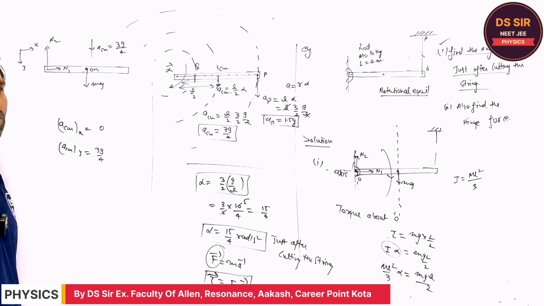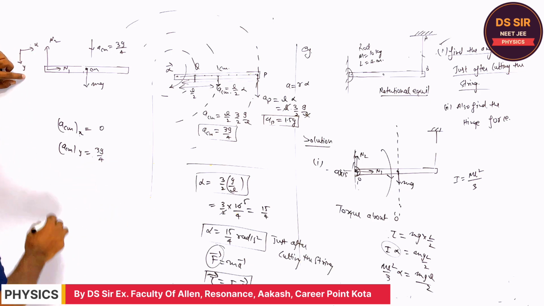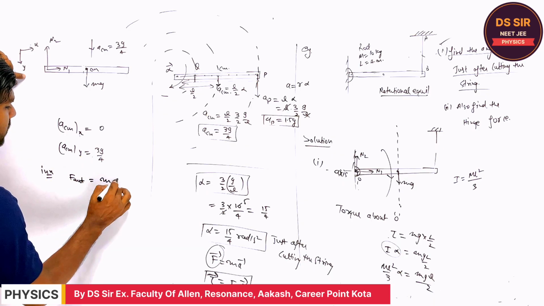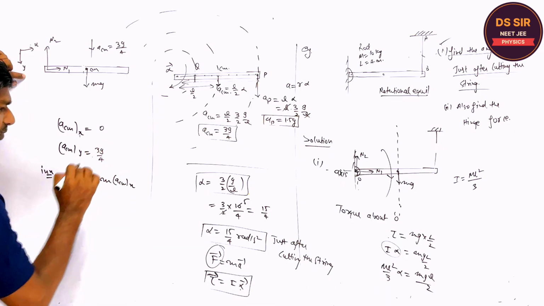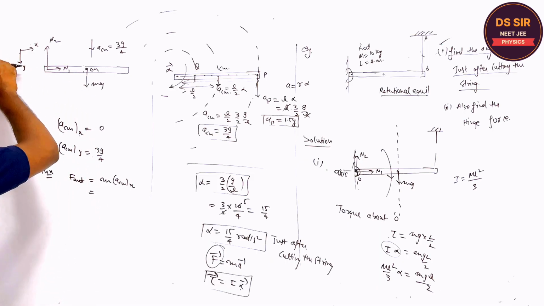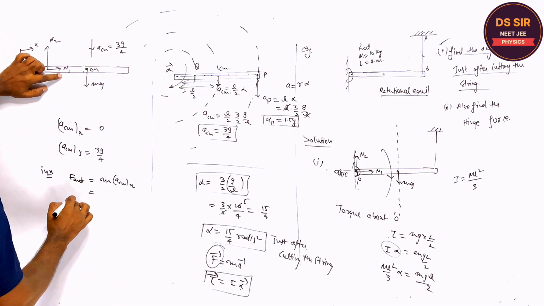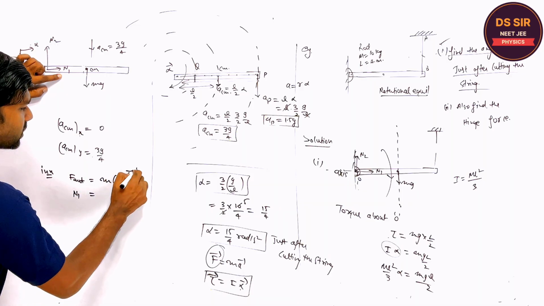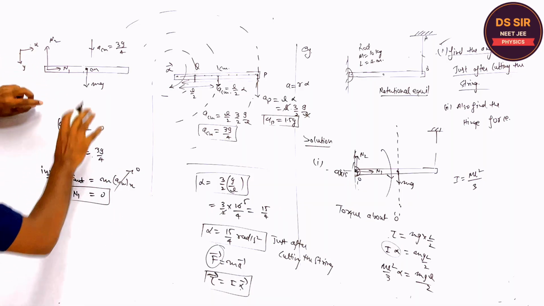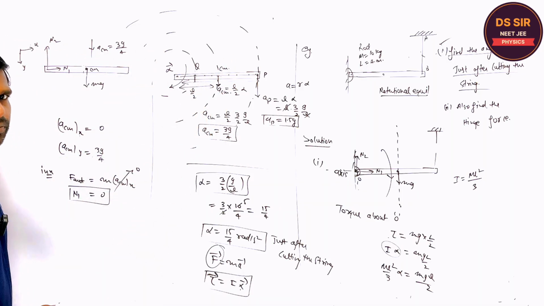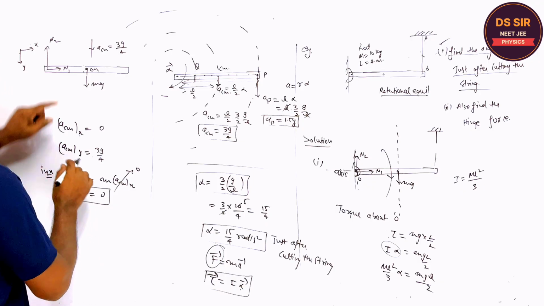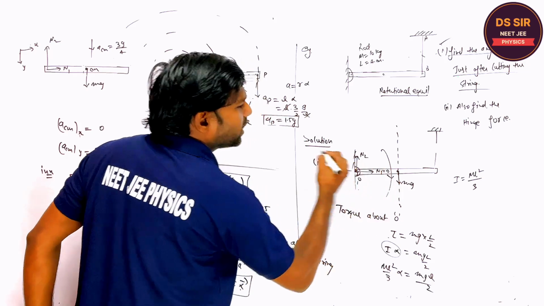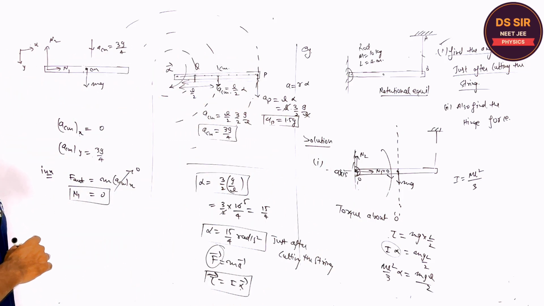Are you getting or not? In the x direction, the net force is equal to mass into acceleration of the center of mass in the x direction. What is the net force in the x direction? Only N1. And what is the acceleration in the x direction? 0. So N1 must be 0. So no normal reaction in the horizontal direction is applied.